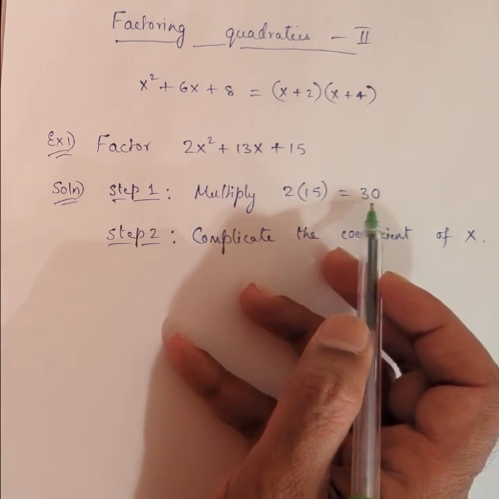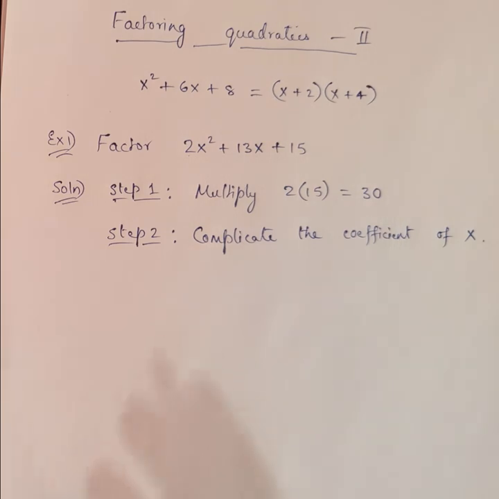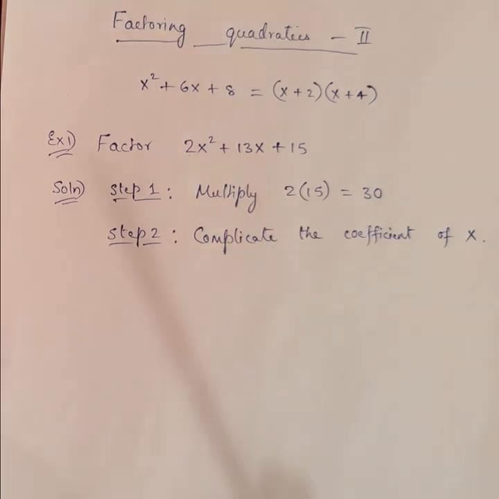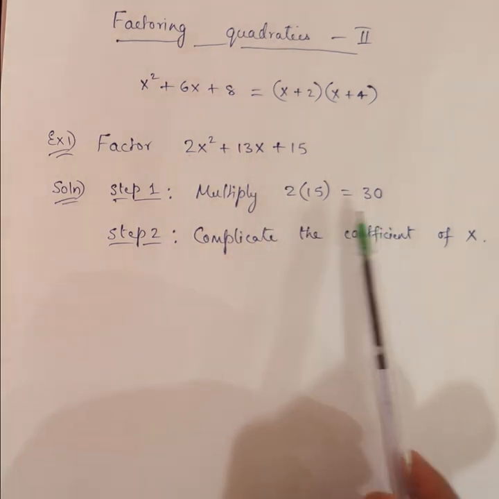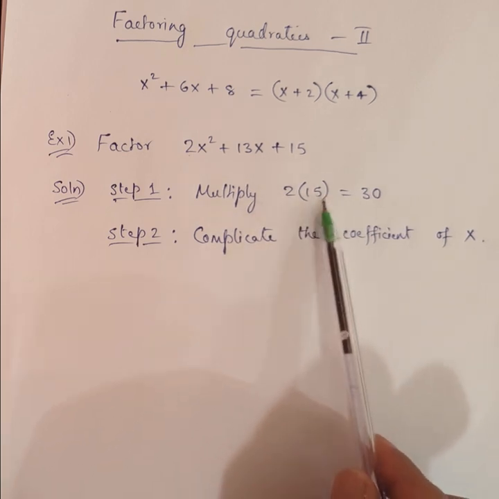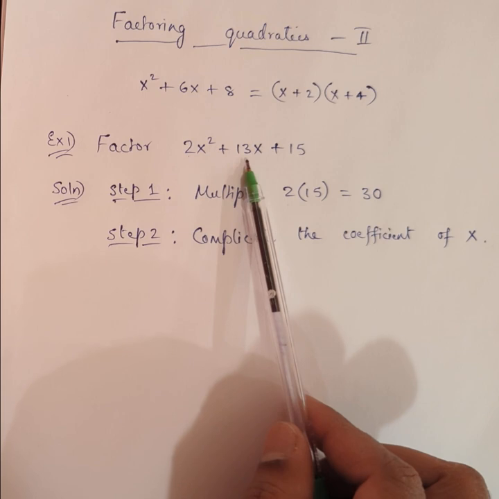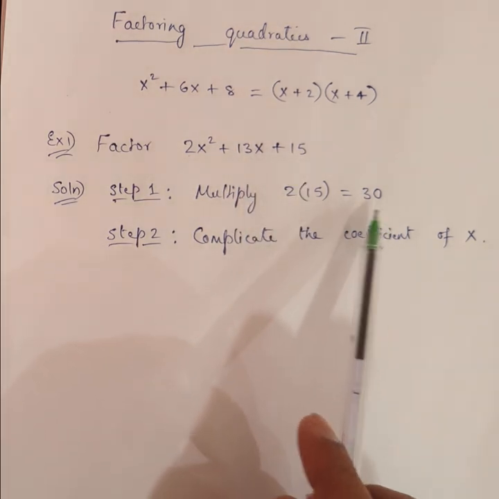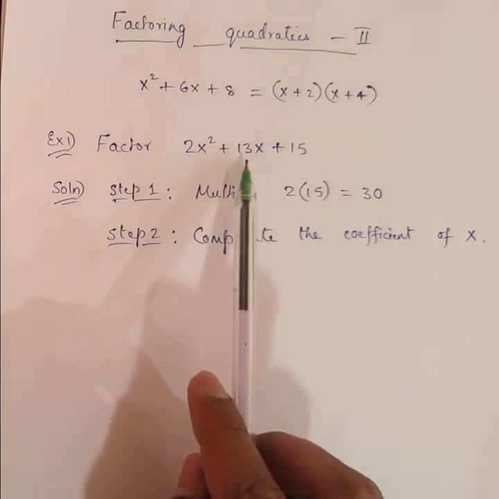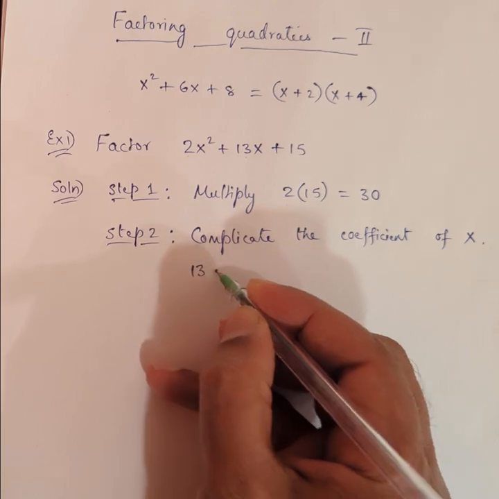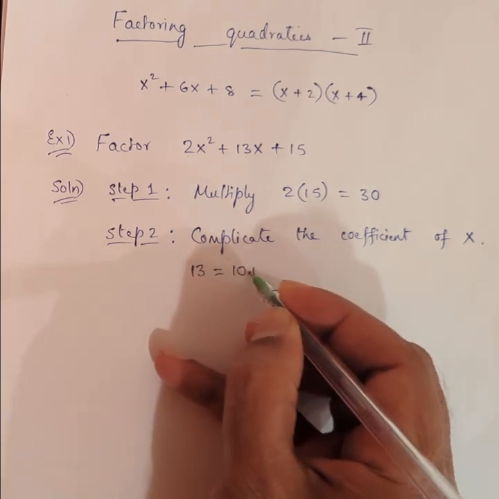So what 2 numbers multiply to give 30? Well, 5 times 6 is 30, but 5 and 6 don't add up to 13. So now you think about other combinations. You might think 2 and 15, but they don't add up to give me positive 13. And then you might think 10 and 3. And look, 10 plus 3 is 13.